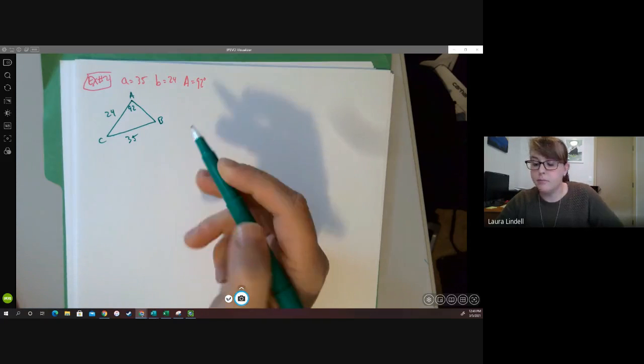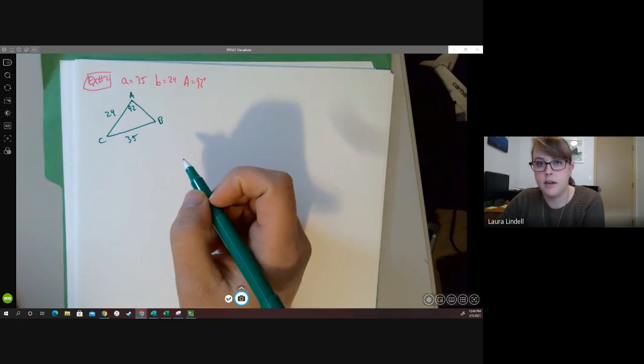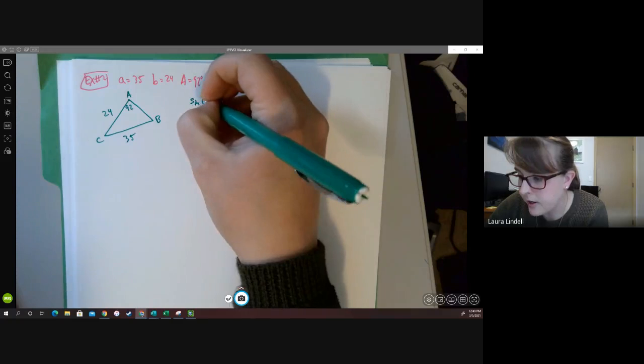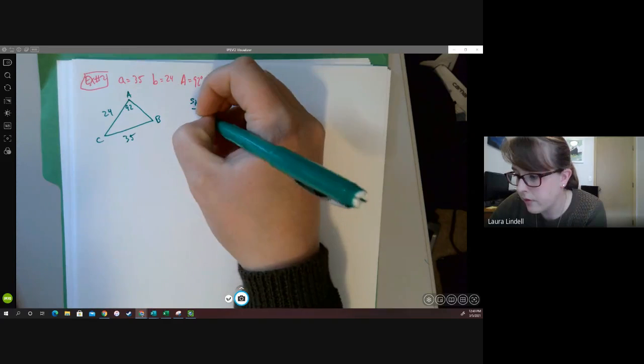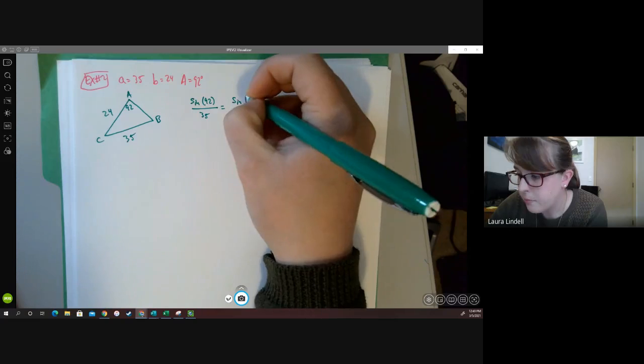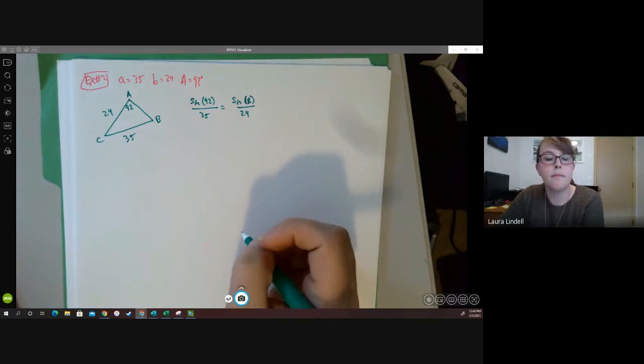So just as we did on the first example, we're going to start off by using the law of sines. So we're going to go sine of 92 over 35 equals sine of angle B over 24.